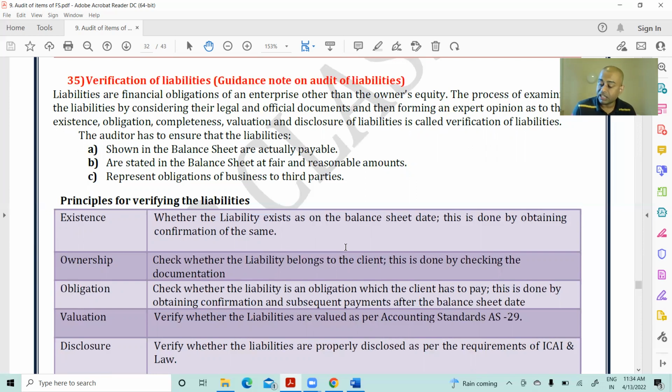So Sandeep, tell me one thing. When you are conducting audit of an entity, imagine you are the auditor conducting audit of X Limited. When it comes to the liabilities of the entity, what will be your concerns?